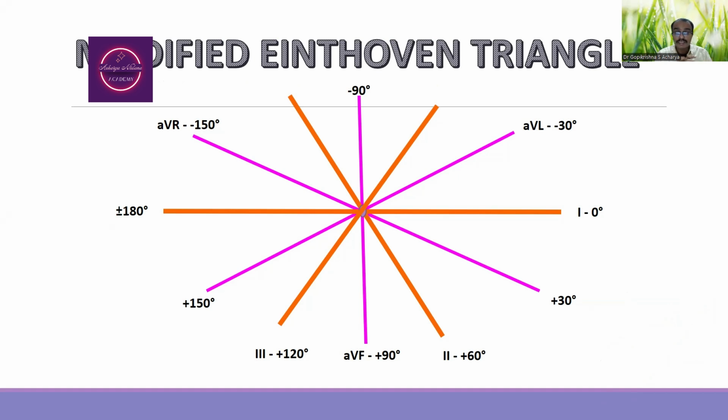As it has 6 leads, it is termed the hexaxial reference system. Hex refers to 6 in number. This is also termed the axis wheel.